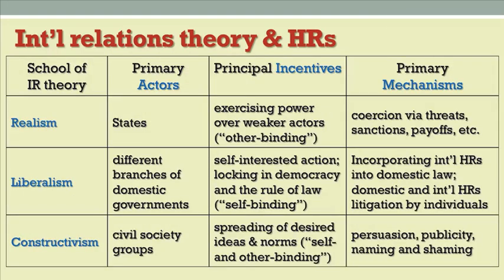Let me summarize for you very briefly in the chart that you see before you some of the suppositions or hypotheses of each of these three schools of international relations theory.